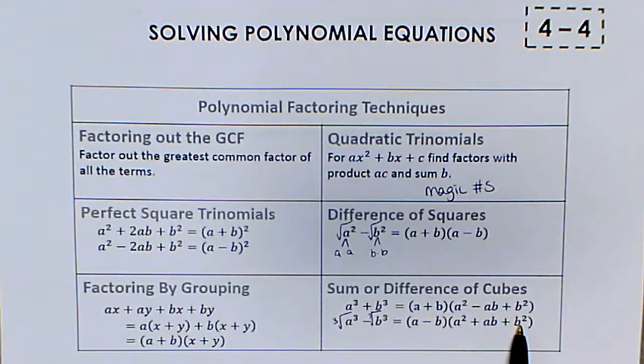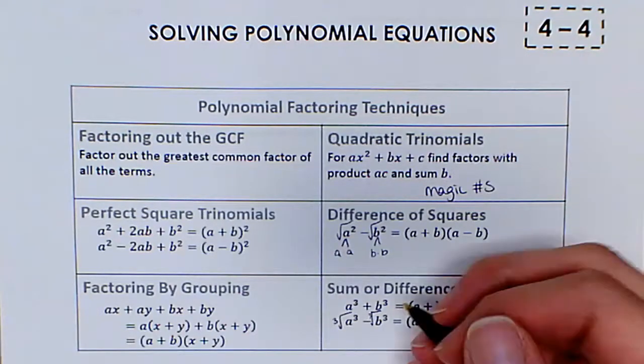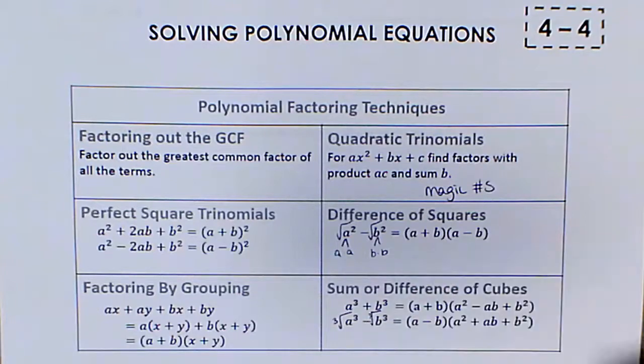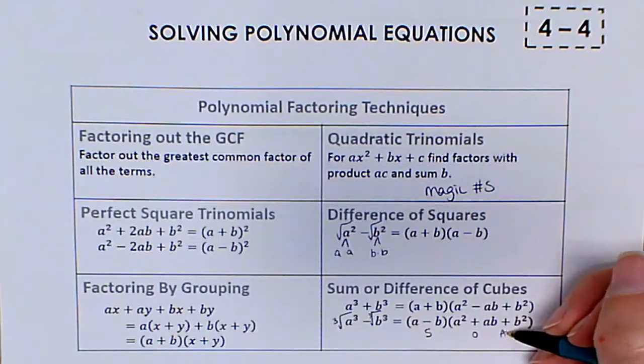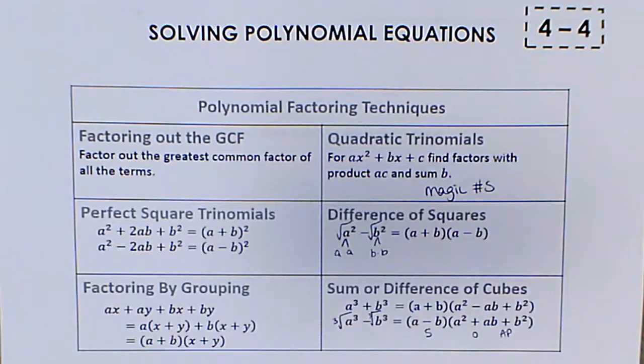And the signs can be remembered by SOAP. So if the sign is a negative originally, then you have the same sign, the opposite sign, and then always plus for the last sign. If the sign that holds them together is a plus sign, then you have the same sign, the opposite sign, and always a plus sign. So that helps you remember the sum or difference of cubes.